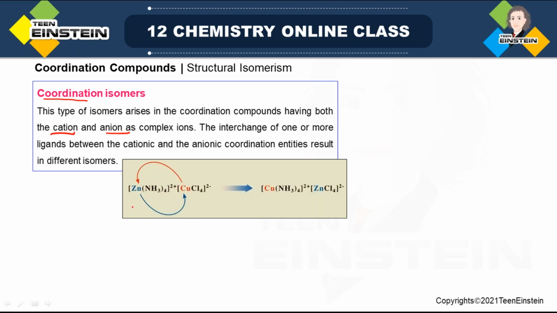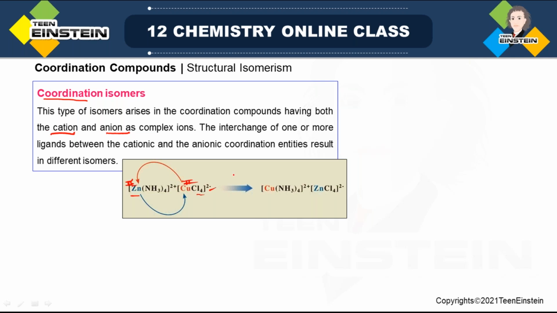Here in the example, zinc is associated with 4 ammonia, carrying a 2+ charge. That means zinc has a 2+ oxidation state, and this is the cationic part, which is a complex ion. The anionic part is CuCl4 2-. Cl is an anionic ligand carrying a total of 4 negative charge, and the outside charge is 2-, so the oxidation state of copper is also 2.